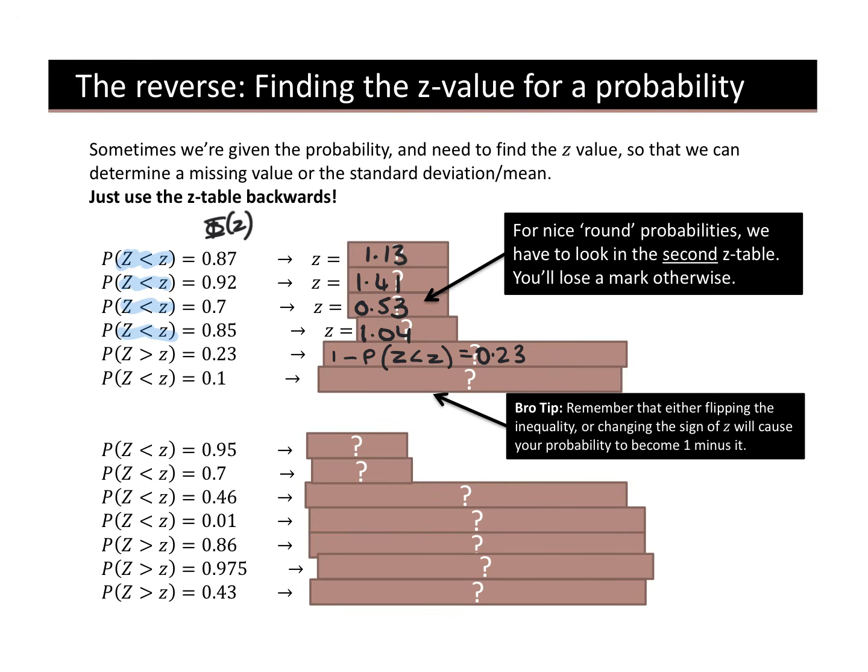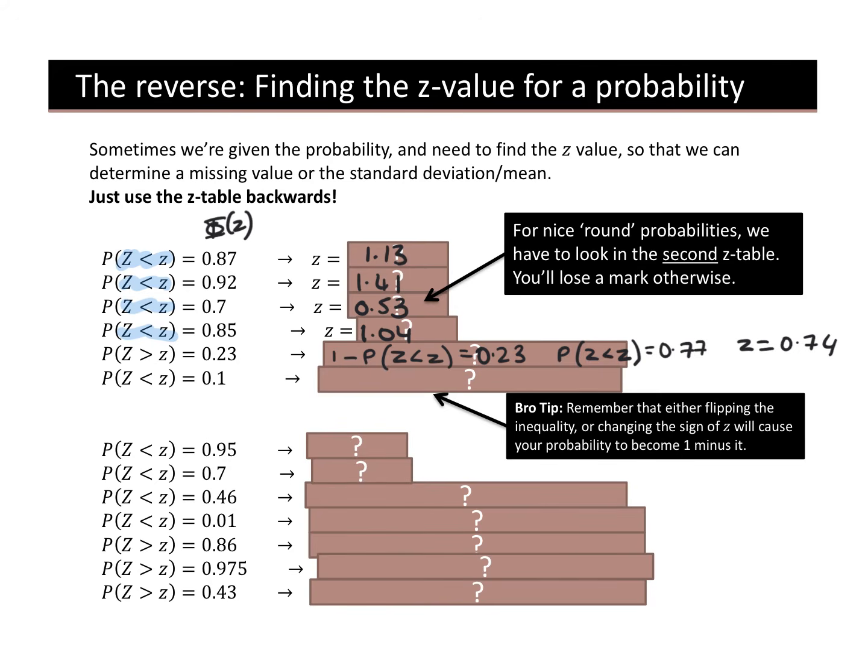So that means the probability of z being less than z is 1 minus 0.23, which is 0.77. Yeah. So that means our z value, if I have a look on here, 0.77. It is 0.74. Perfect.